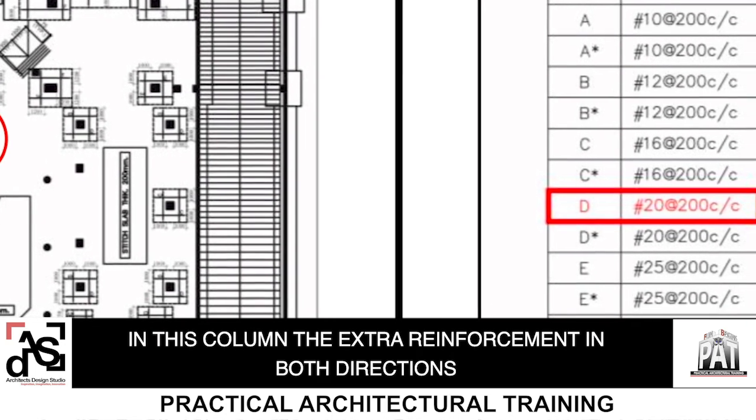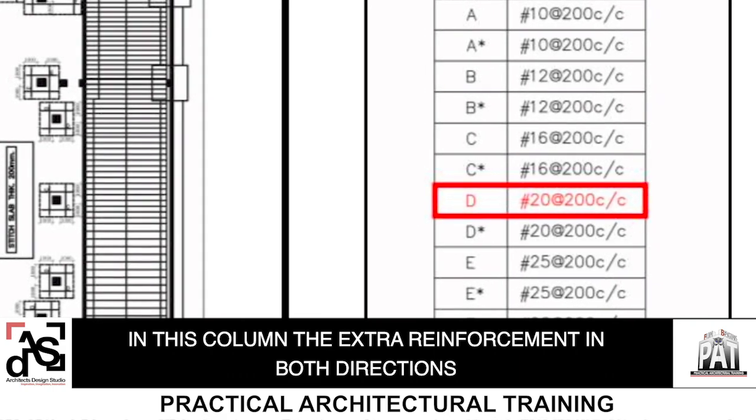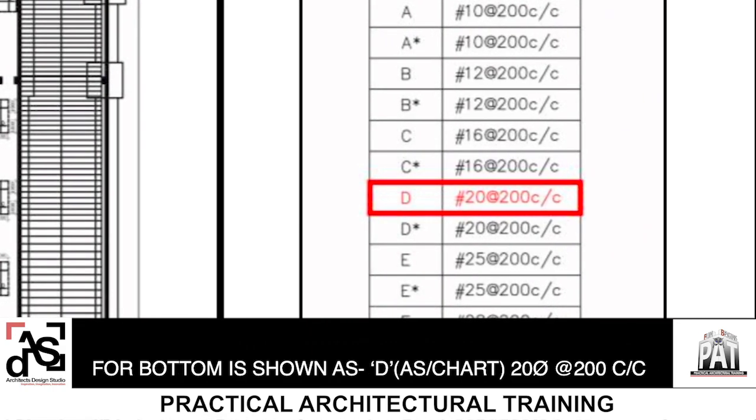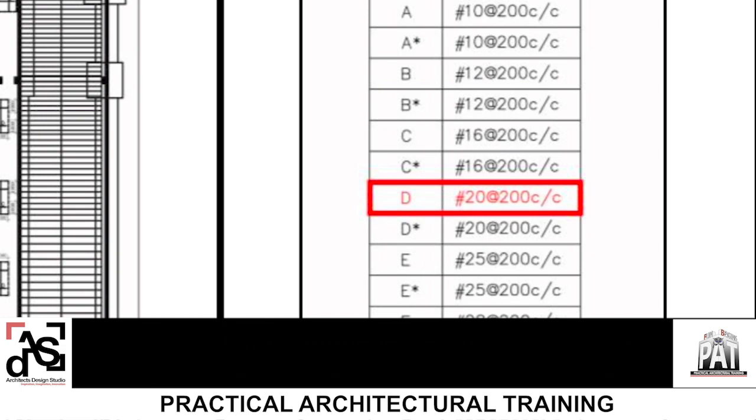In this column, the extra reinforcement in both directions for bottom is shown as D, again 20 torr at 200 center to center. So apart from the original bottom reinforcement, which was again 20 torr at 200 center to center, we have to put this extra reinforcement also below the columns, and it happens in other places also, which is very rare.